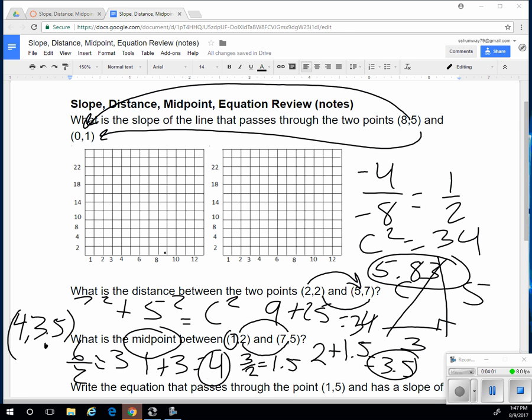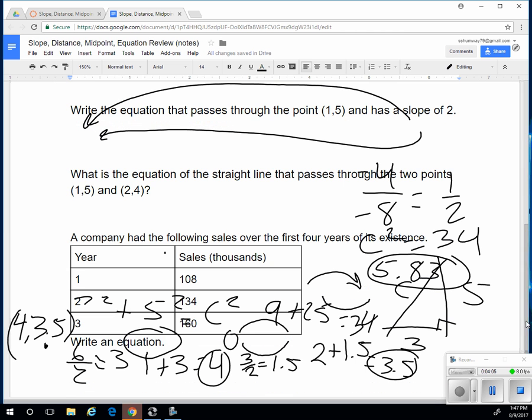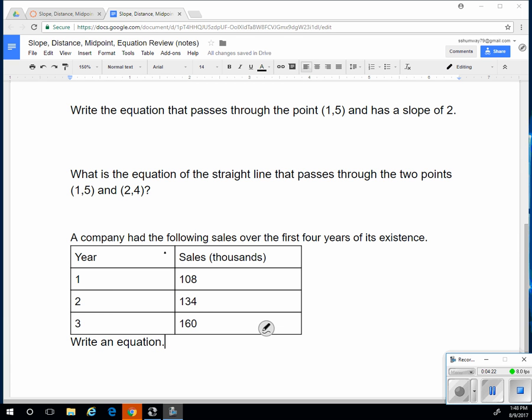Okay, so let's write an equation now. We're going to write the equation that goes through the point (1, 5) and has a slope of 2. If it has a slope of 2, we know that y equals 2x plus b.